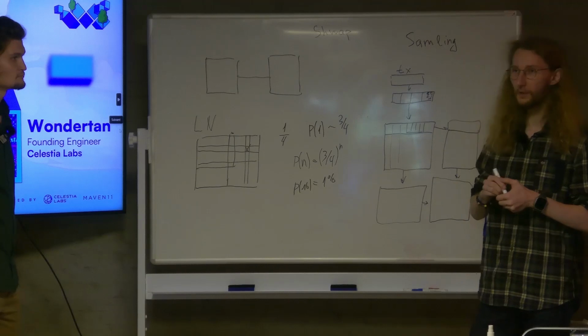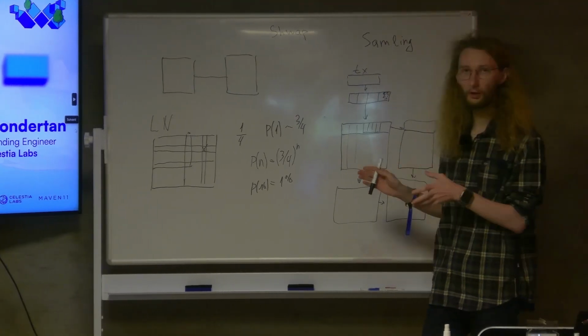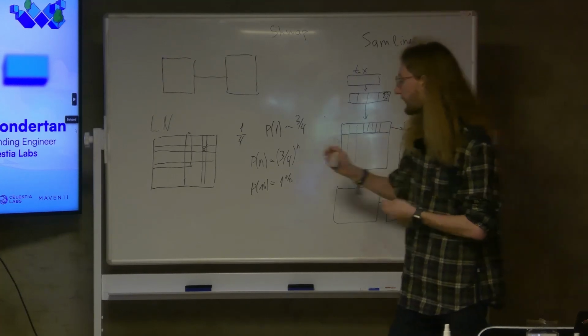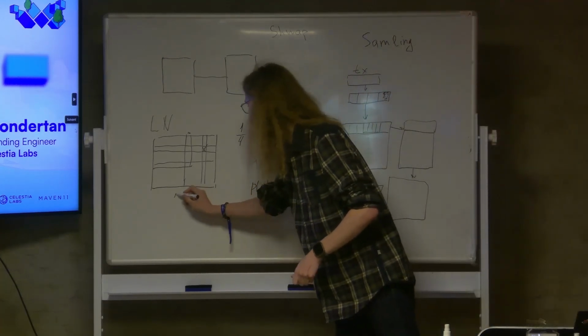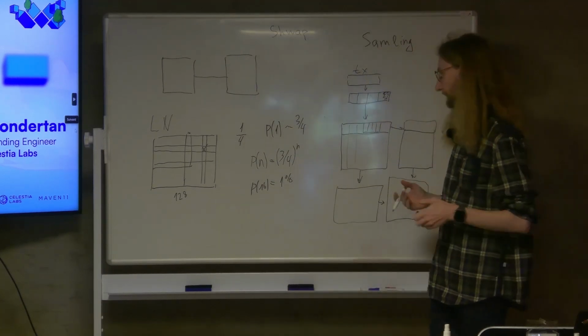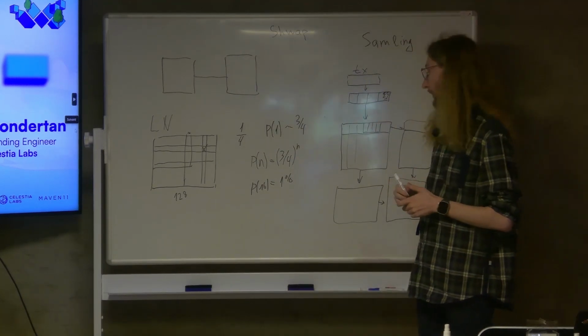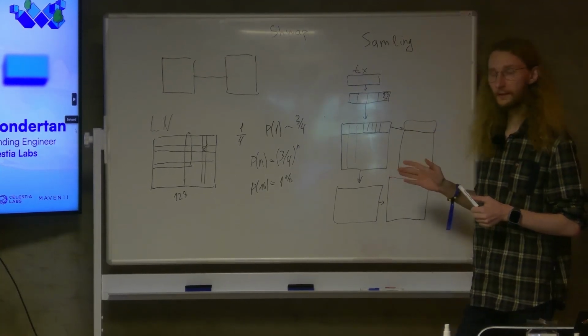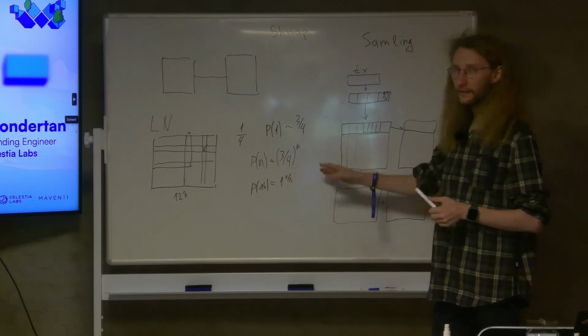And 16 samples is actually a really small amount, because in Celestia we have a block size of EDS size 128 right now, and it will grow in size over time. The nice property about it is that this is a probabilistic model.